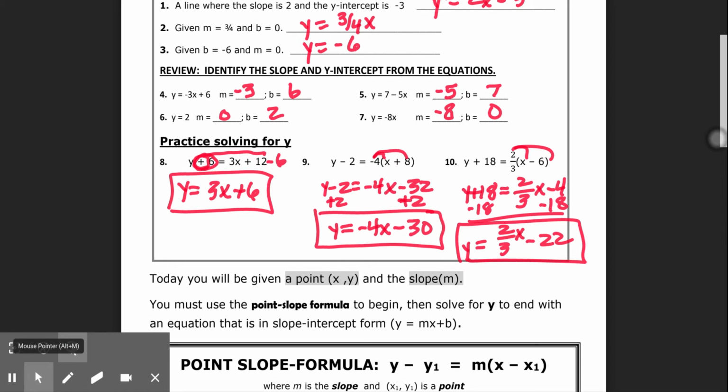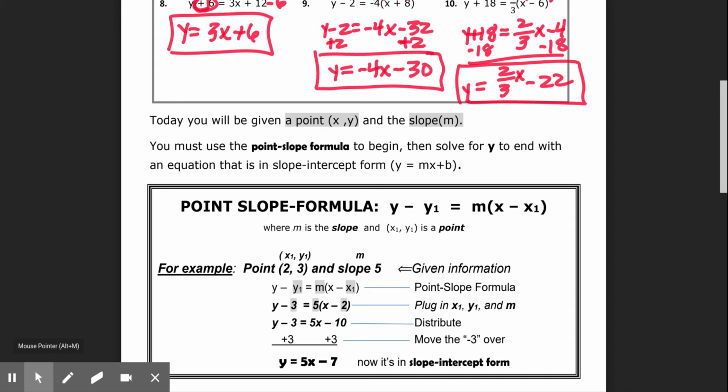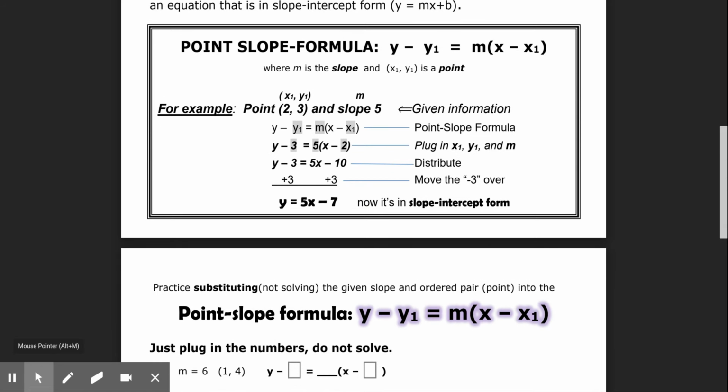All right, then it says today you will be given a point, which is the ordered pair x, y, and a slope of m. You must use the point-slope formula to begin. Then solve for y to end with an equation in slope-intercept form, y equals mx plus b. So in this example, you're given a point 2, 3, and a slope of 5.